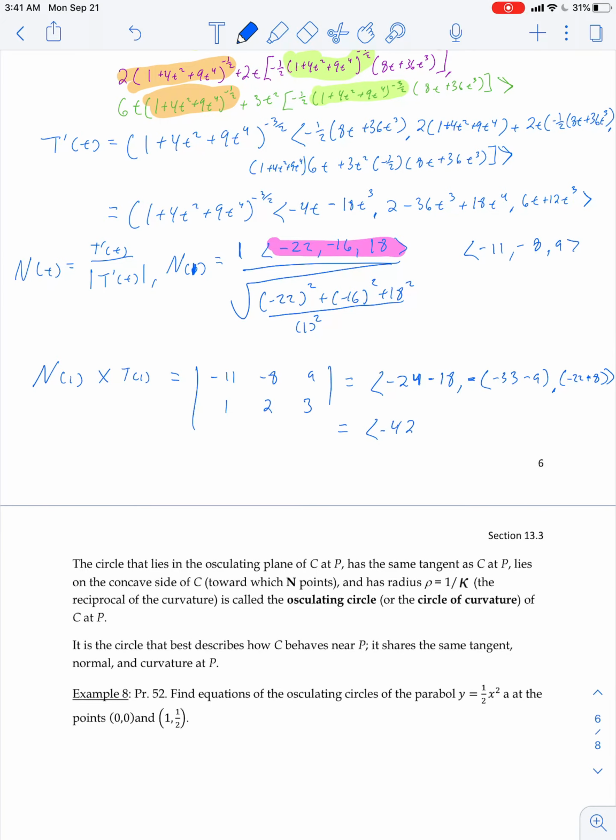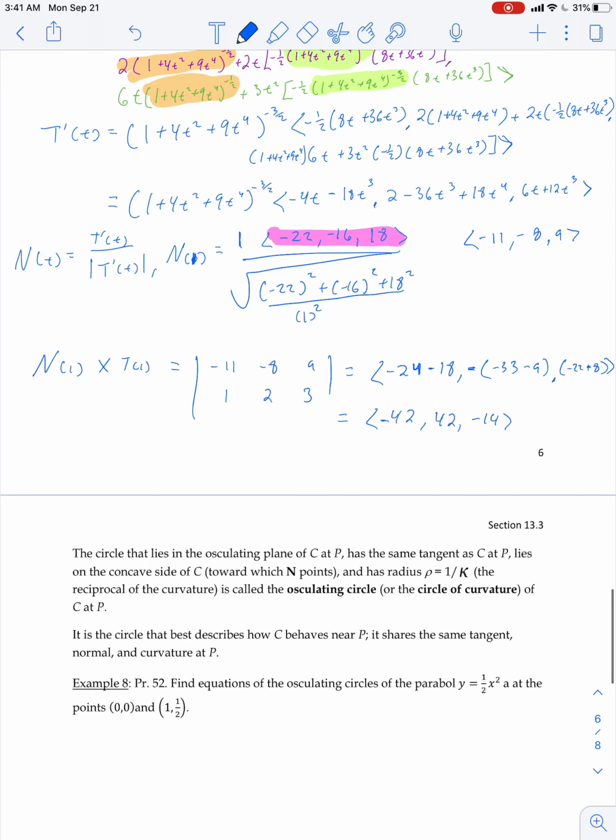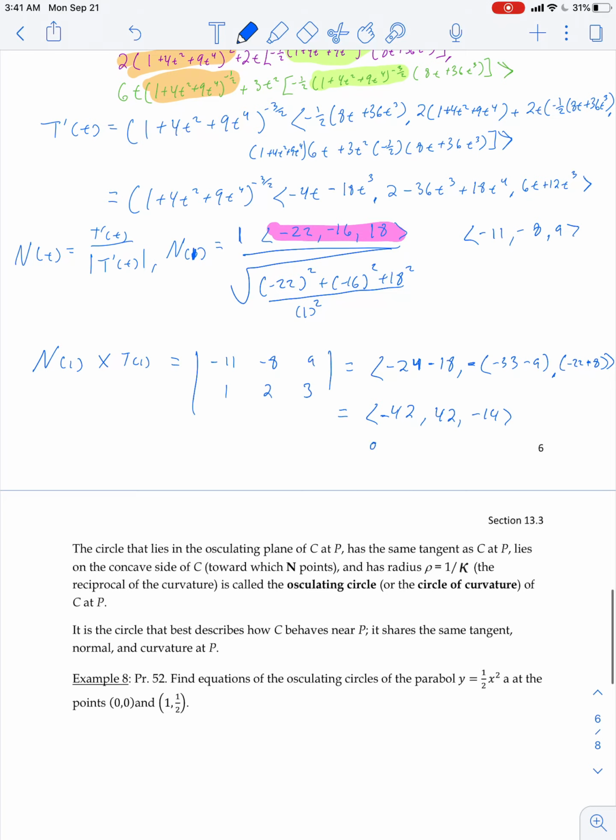And so I'm going to be getting negative 50, negative 42. I'm going to be getting negative 42, negative, so positive 42. And then negative 22 plus 8 is going to give me negative 14.